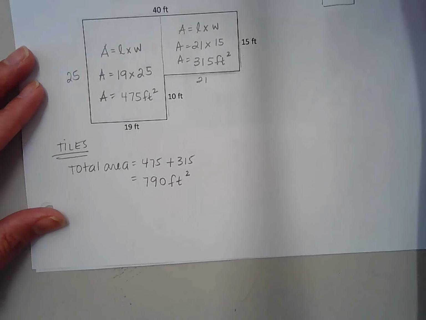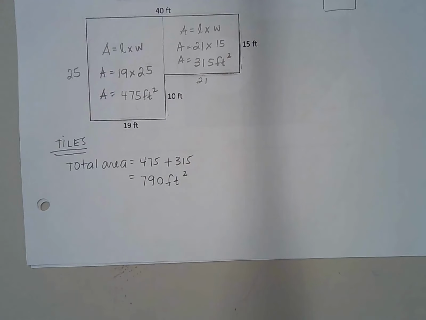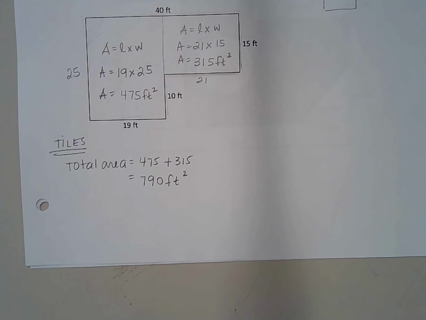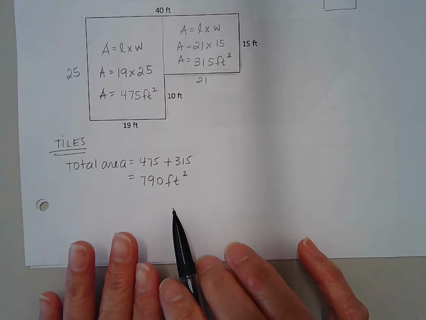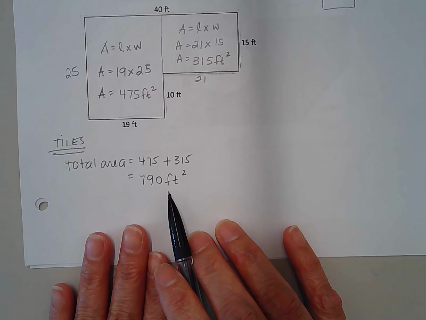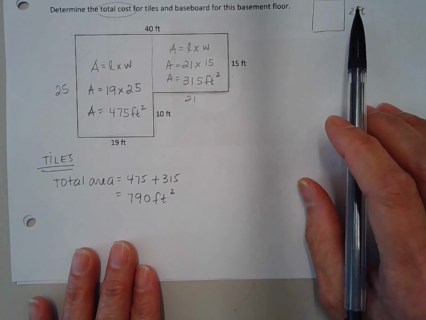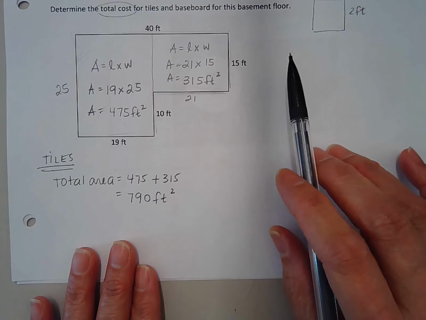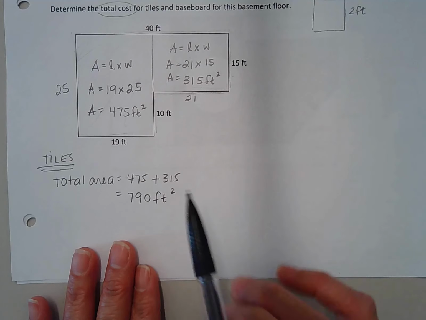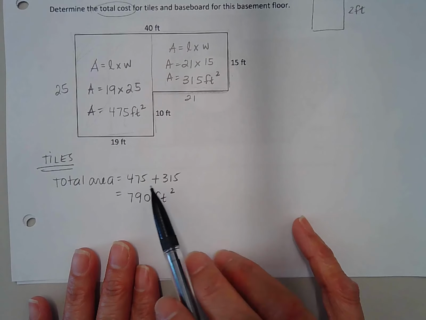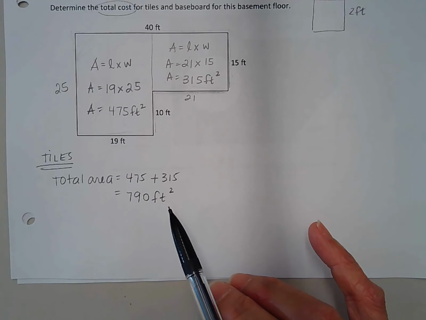Okay, so the area that we're gonna lay tiles on is 790 square feet. Now, what we need to do is figure out how many tiles we need to cover that. Before we do that, we're gonna make sure that we give extra 10%.